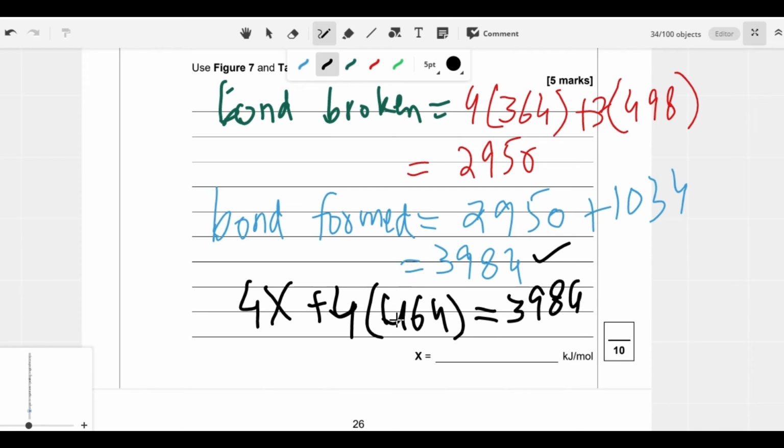First you need to multiply 464 times 4, that is 1856, and subtract it from 3984. Then divide by 4. I'm going to calculate on the calculator, and the answer is 532 kilojoules per mole.